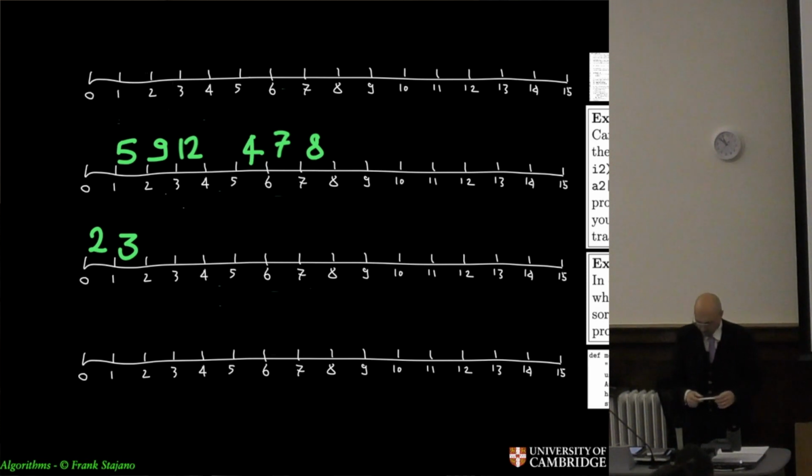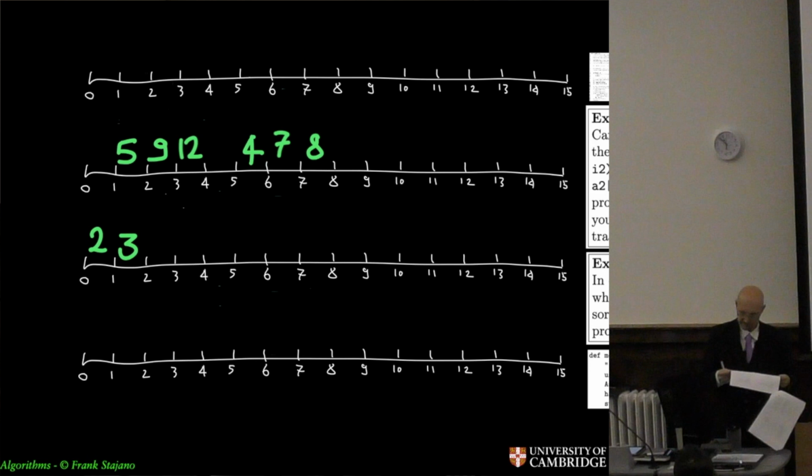So in your handout, I have been somewhat devious, as is in my nature, and I have not given you a working merge sort. I've given you a broken merge sort. Where is it? On page 33, there is a listing.